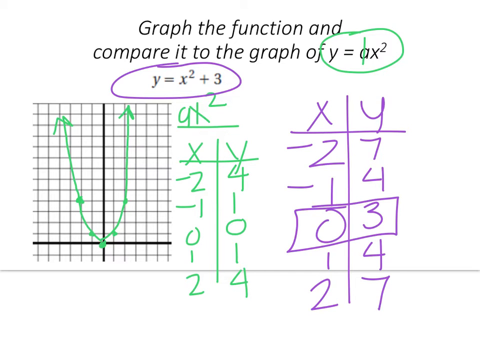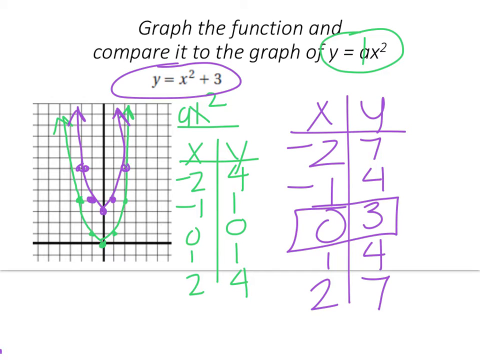So our points are going to be at -2, 7. Then we have -1, 4, 0, 3, and then we're going to just mirror them or reflect them over. All right, so we've graphed both of them, and now you can see a clear comparison.